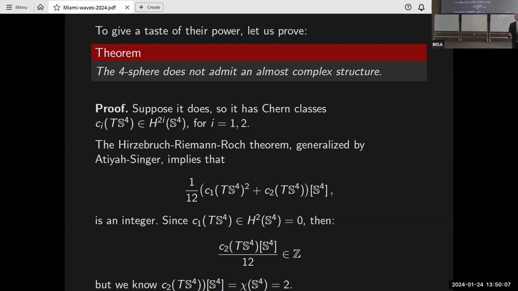Of course, one could say, and what about the six-sphere? That is another problem. And the corresponding number is essentially C1 times C2 divided by something. And both classes are 0, so you're saying that 0 is a multiple of an integer, which is fine. But in this case, that gives you just a little taste of the power of Chern classes. Now let's move forward.